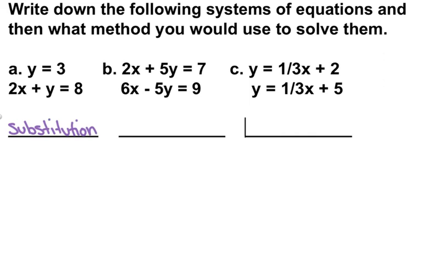Looking at the second one, hopefully you would choose elimination. And looking at this last one, this would be graphing. Graphing is the least reliable of the three different methods. It's important to know that as we move in when we're solving real-world situations, so we can choose the best method to solve them.